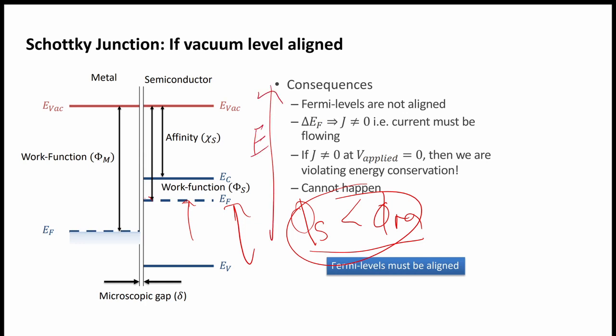Electron energies are higher in the semiconductor, so the electrons will transfer from the semiconductor to the metal, and they will leave behind the positive Nd plus here.